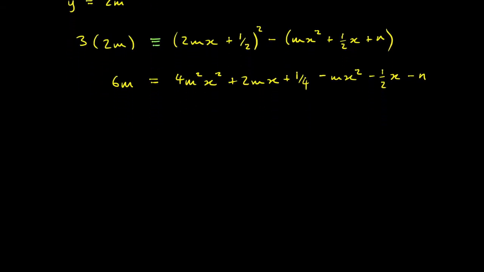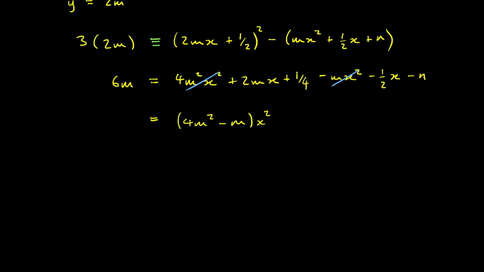And I should collect the terms on the right-hand side. So I want to get the terms which are the x squared terms, which are this term here and that term there. So I end up with bracket 4m squared minus m x squared. I'm just going to cross those off to make sure that I have got every term.